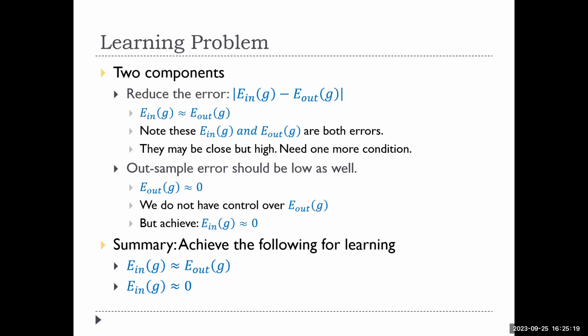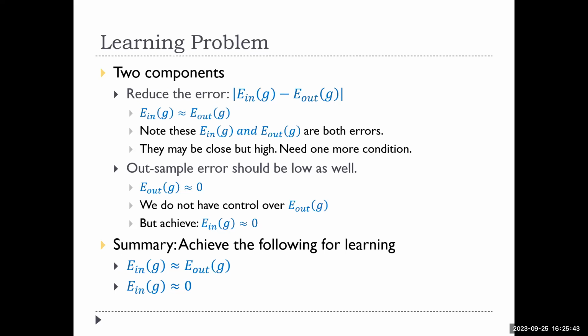The second part is I need to make sure that my hypothesis on test data has a very low error. But I cannot control test data. How can I ensure that? The only way is to make sure that my training error is 0.